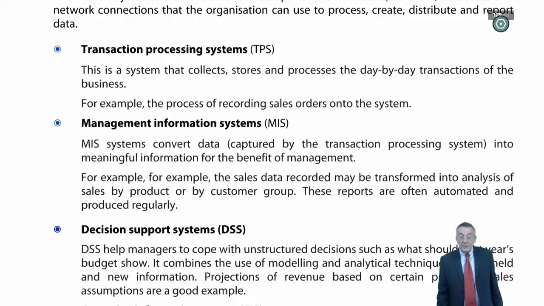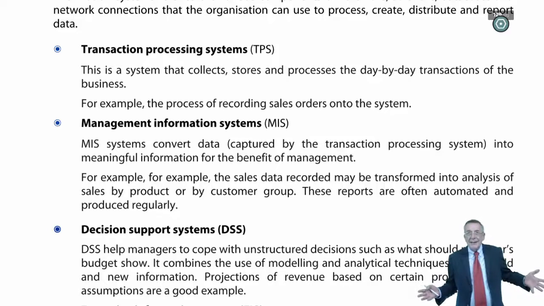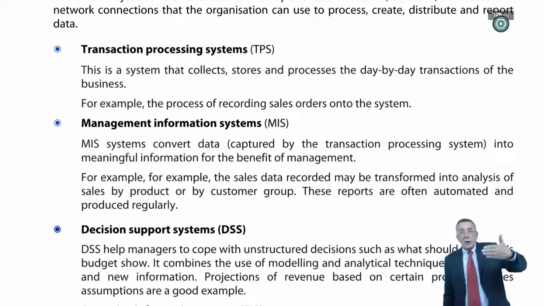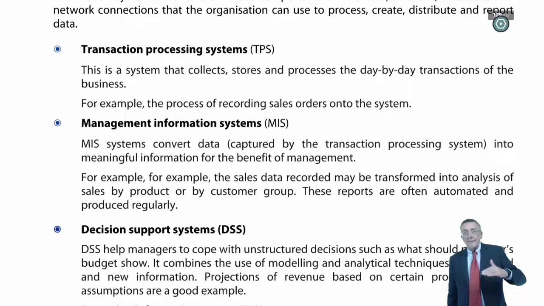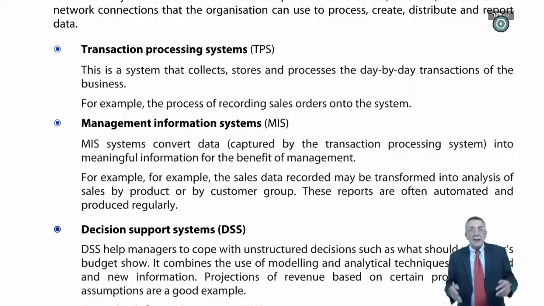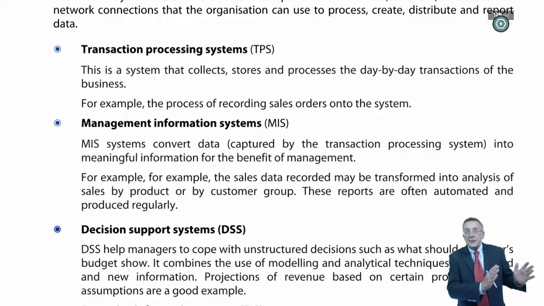Management information systems, well, when management come to look at, for instance, wages, the transaction processing system will have recorded the wages for every single employee. But of course, management are unlikely to be interested in how much every single employee is being paid. They'll be interested in the total wages bill, or the total wages bill analysed between departments, perhaps.